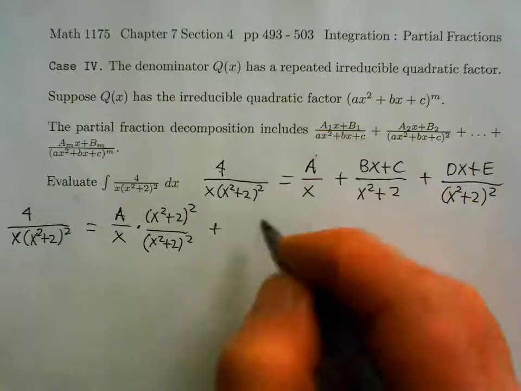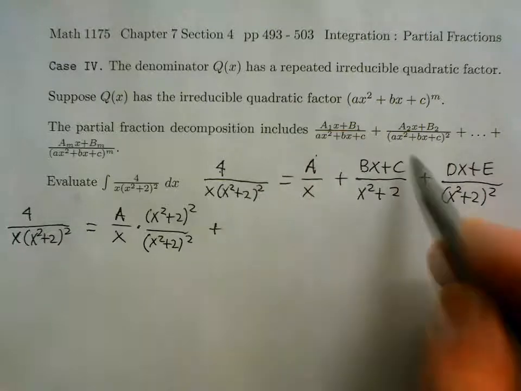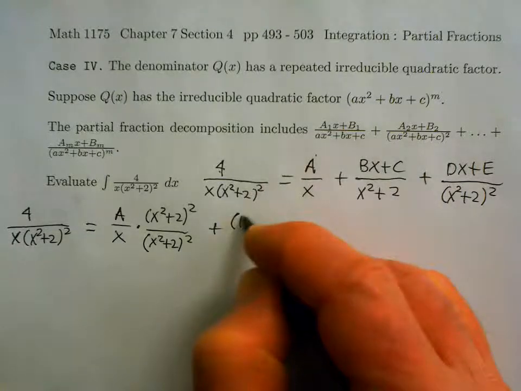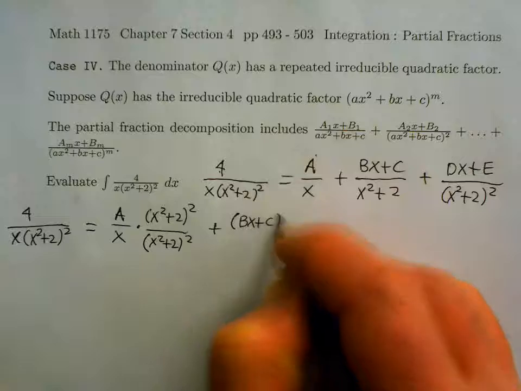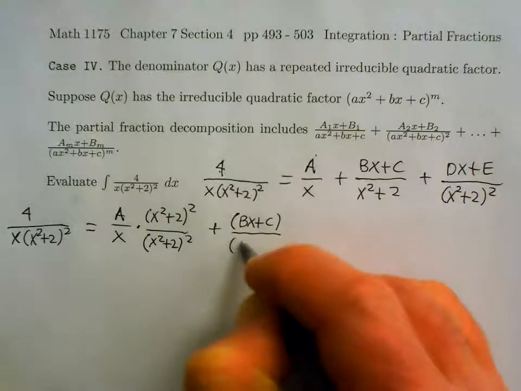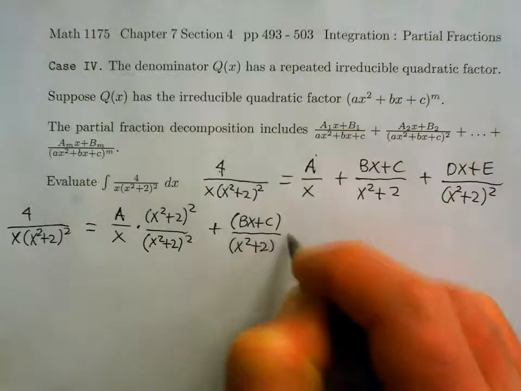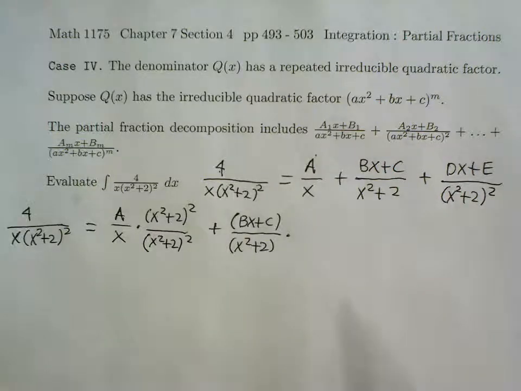Okay, then we'll multiply the middle term by 1. Bx plus C over x squared plus 2. What form will 1 take this time?